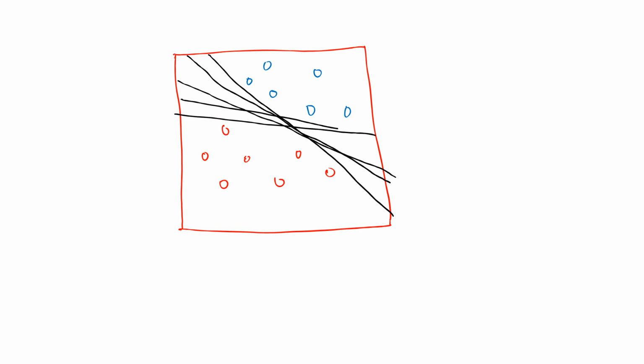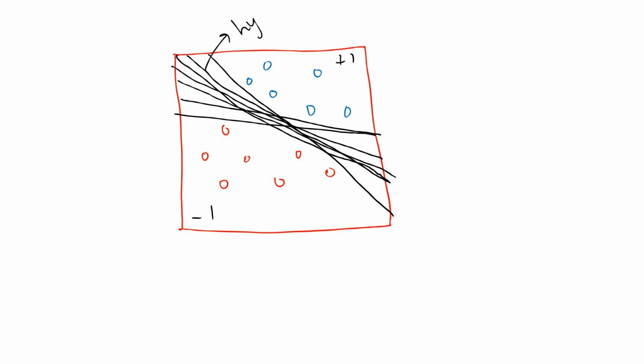Basically, the point I'm trying to make is that these are all the hypotheses that I have. And this is +1 and -1, let's say. What are we trying to achieve? We are trying to categorize a +1 and a -1 for each of these data points, and all these are my hypotheses.